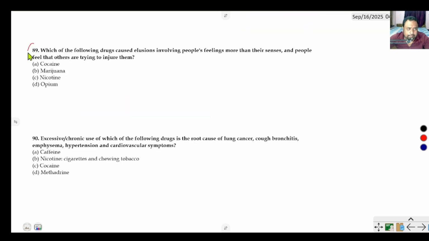Question number 89 says, which of the following drugs causes illusions involving people's feelings more than their senses, and people feel that others are trying to injure them? That is marijuana.